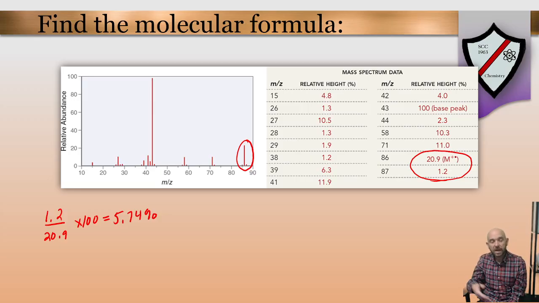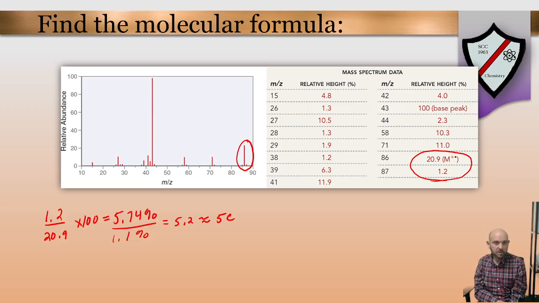If we take that and divide it by the fact that on average there are 1.1% of carbon 13s out there in the universe, we divide that by the 1.1. So you divide that by 1.1, it comes up to 5.2, and we're going to say that that means that there are 5 carbons, so that rounds pretty neatly to assuming that there are 5 carbons total in our molecules.